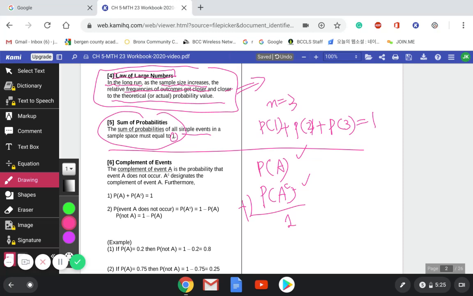So from there, you can write that the probability of the complement is always 1 minus the probability of the regular event. In other words, if the probability that it will happen is 0.7, you can find the probability it will not happen as 1 minus 0.7, which is 0.3.